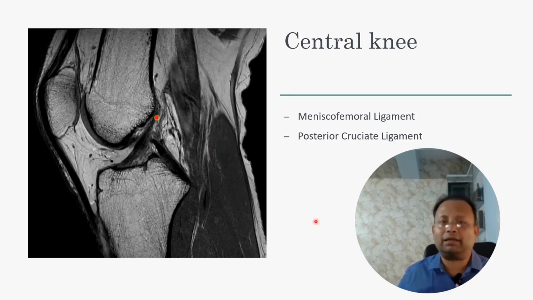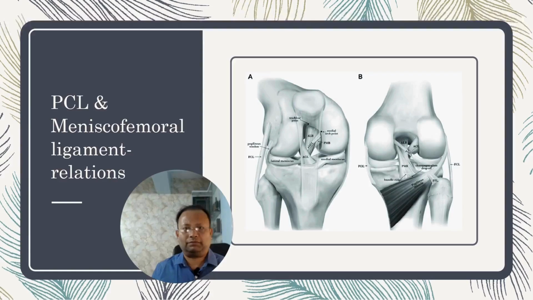When we see by ultrasound, from the posterior side, we will try to see the posterior cruciate ligament, PCL, and another structure called the meniscofemoral ligament. So see these two pictures. Here this is the fibula.